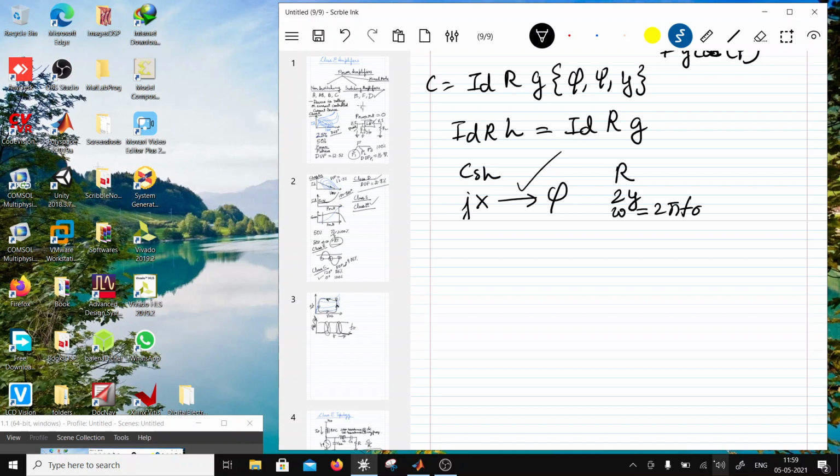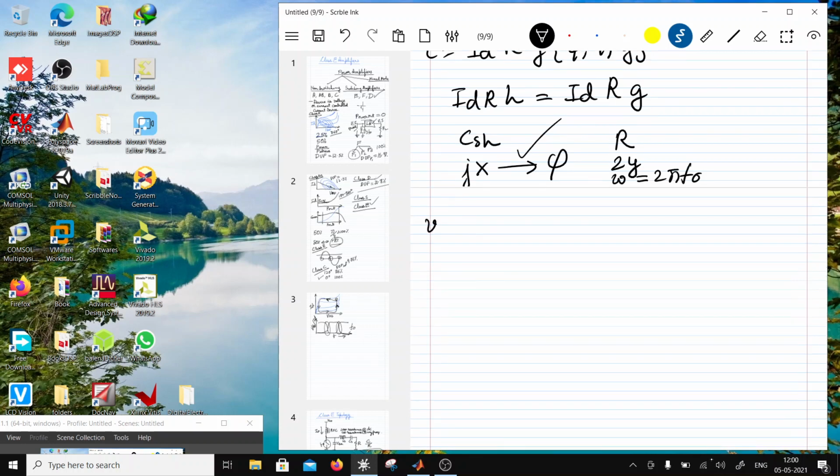Now let's look at the DC value. Let's evaluate the DC value.